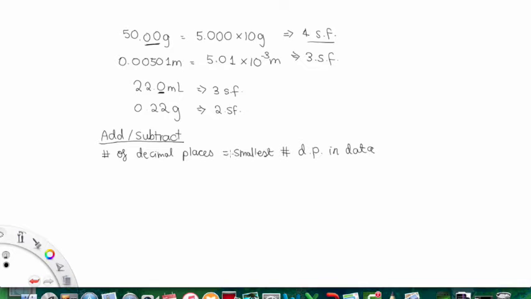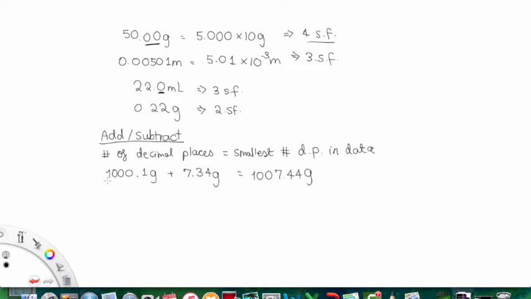So what does that mean? Let's do an example. If I have 1,000.1 grams plus 7.34 grams, this equals 1,007.44 grams.